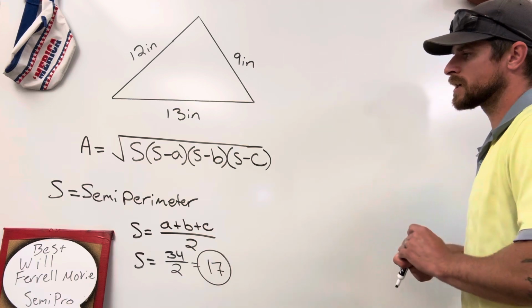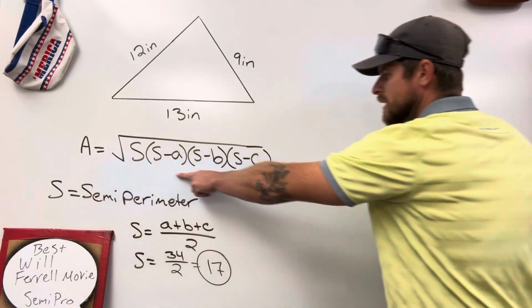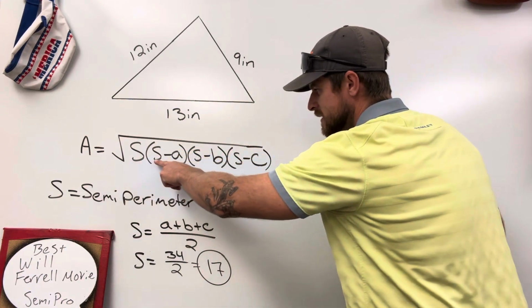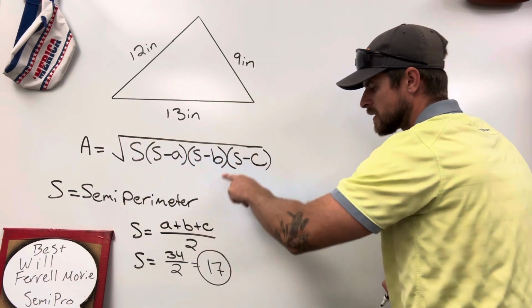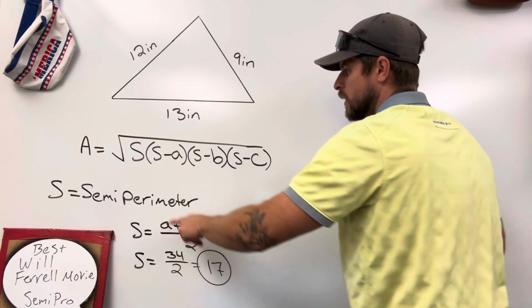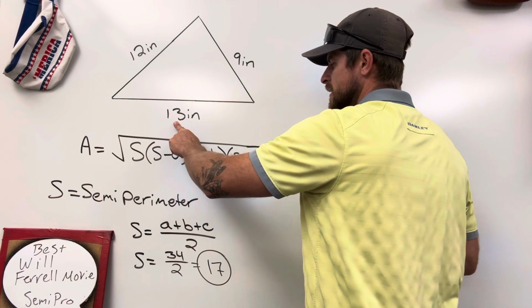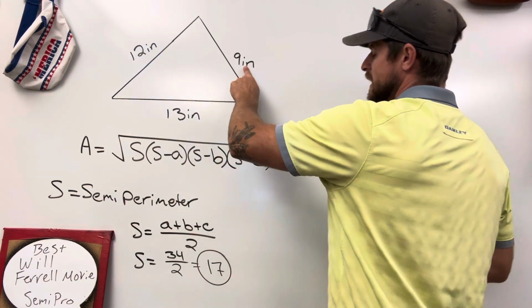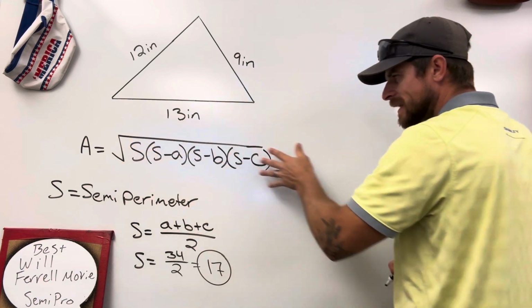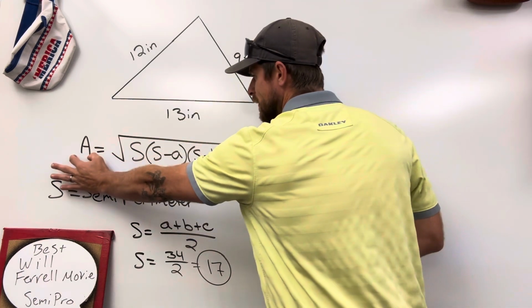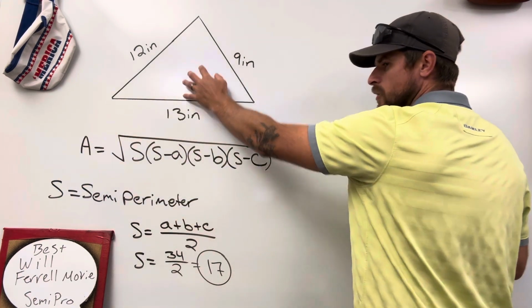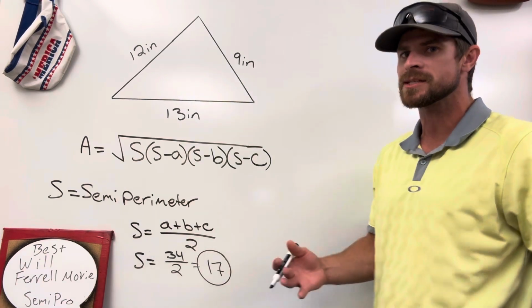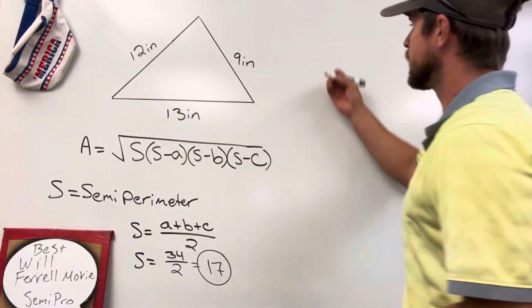So here's what we're gonna do. We're gonna rewrite his formula out. Wherever there are S's, we need to replace those with 17s. Wherever there's an A, I'm gonna put a 13. Where there's a B, I'm gonna put a 12. And where there's a C, I'm gonna put a 9. And once we calculate all this out, we will know the area of this triangle by just using its 3 sides provided. So let's do that now.